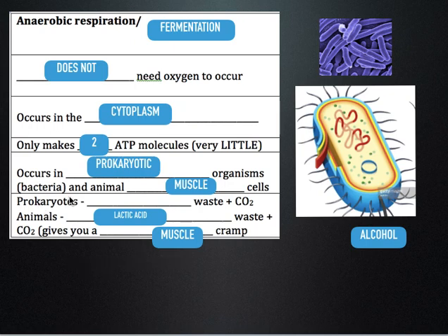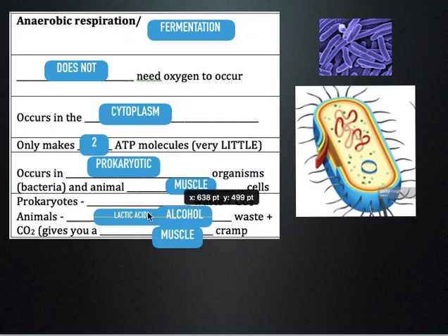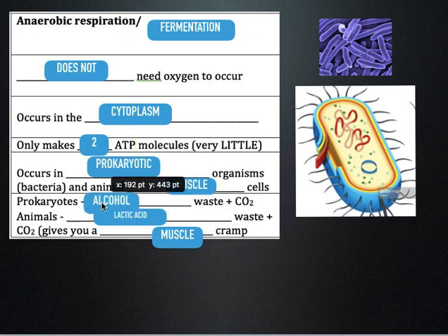Now, when prokaryotes do anaerobic respiration, they actually make alcohol. So they make alcohol waste and carbon dioxide. This is where, as I mentioned earlier, bacteria make all of our alcoholic beverages, along with pickles, along with sauerkraut and cheese and cottage cheese and yogurt, okay, for all of that.